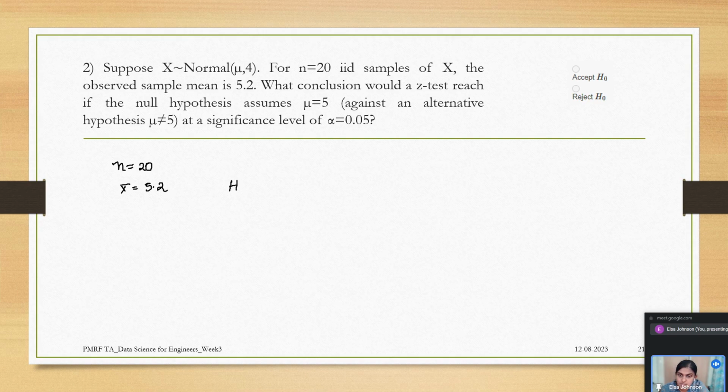So our null hypothesis H0 means mu equal to 5, against an alternate hypothesis which is given as mu not equal to 5. And we are asked to find it at a significance level of 0.05. That means a 95% confidence interval.